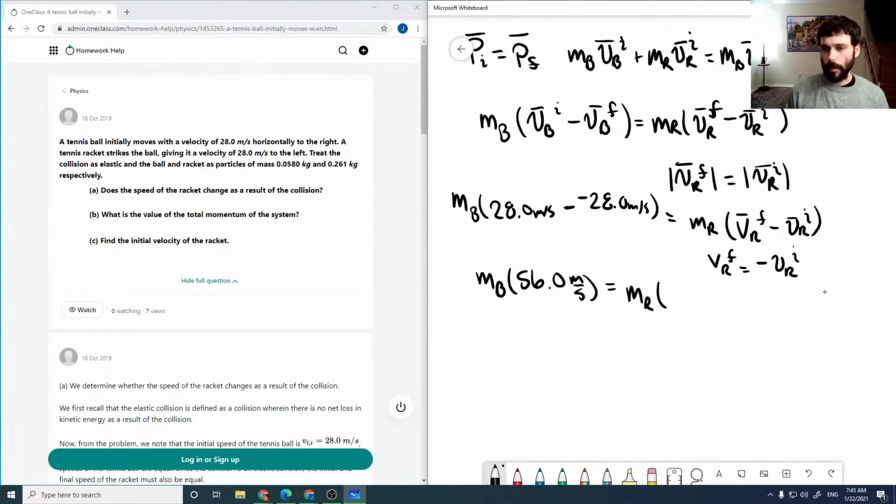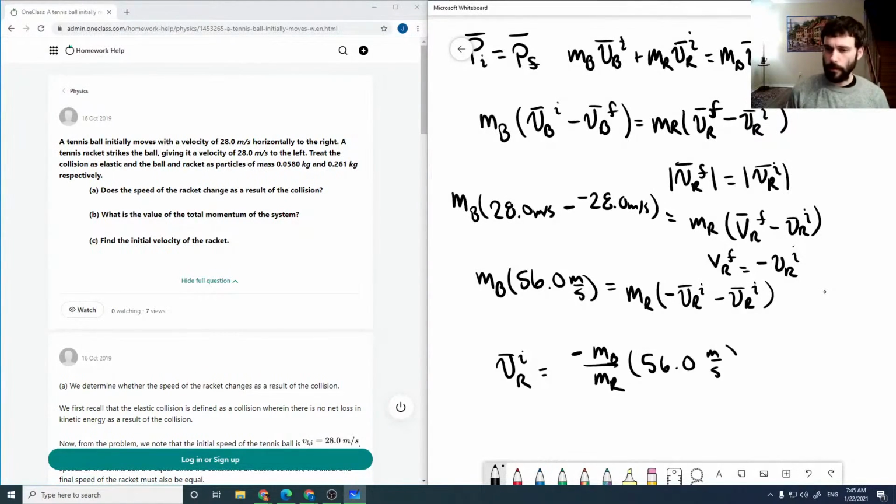And so then this would be minus VR initial, or our racket's initial velocity must be minus MB over MR times 56.0 meters per second divided by 2 as well, because there's going to be 2 of them.